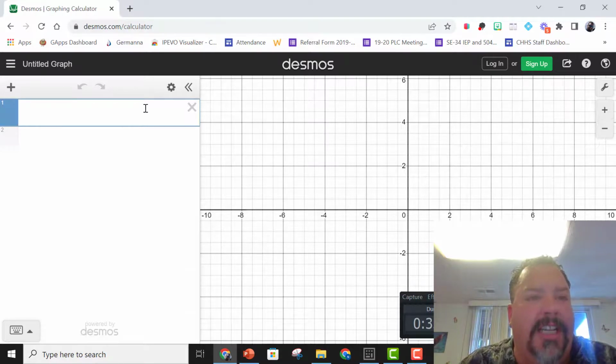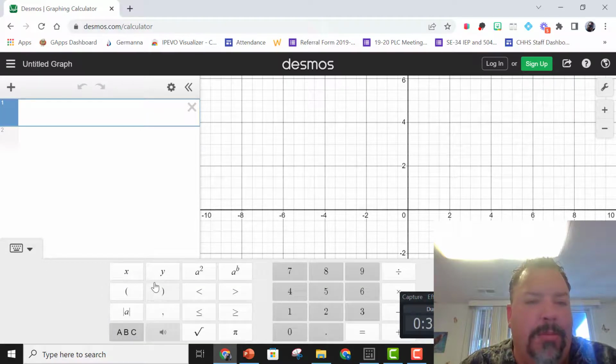Alright, so here we are on the Desmos site, and again, this is a free calculator that's available online, or you can download it as an app. If you download the app, make sure you get the graphing calculator version. So here's where you're going to type your things in. Here's where it shows the graph. It will graph things and would also do all the normal operations.